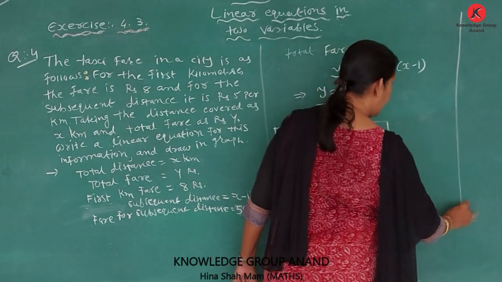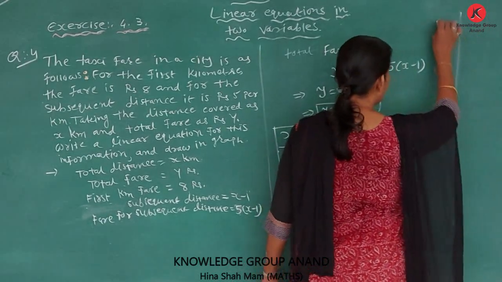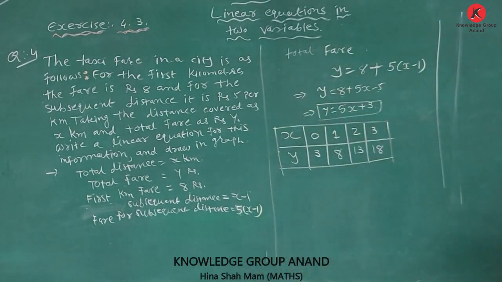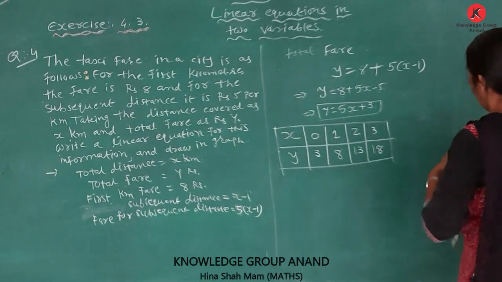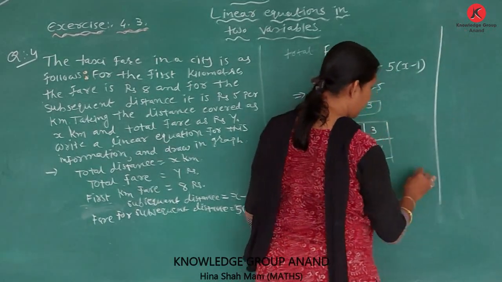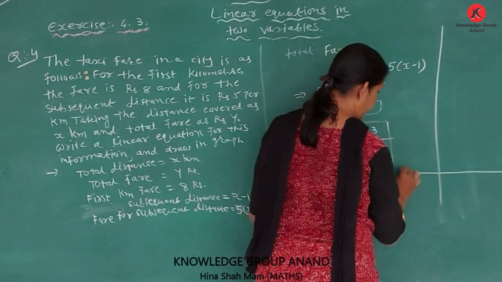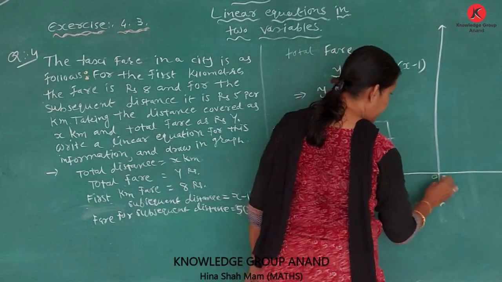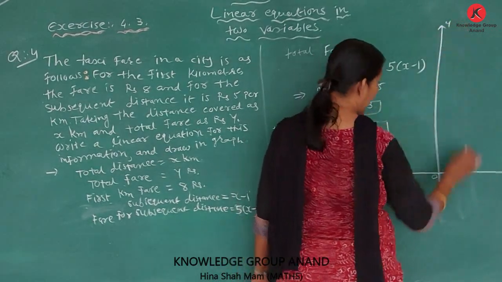Here we do not need a negative point, therefore I write it like this: x, x dash, y.